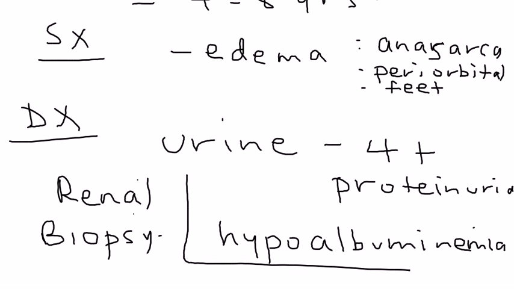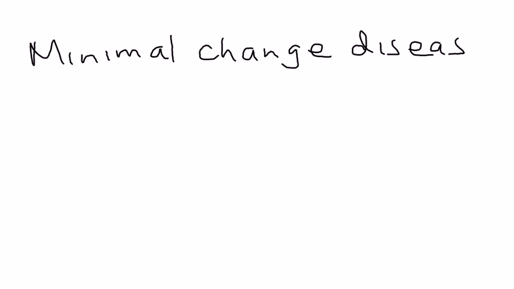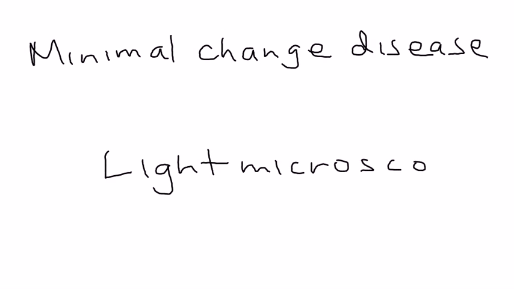Now, before I get into the treatment, which is actually pretty straightforward, I just want to mention, why is it called minimal change? What is the reason that this disease is called minimal change? The reason is because historically, when they just had light microscopes, when they would try to look at the kidney, they would essentially see normal kidneys.